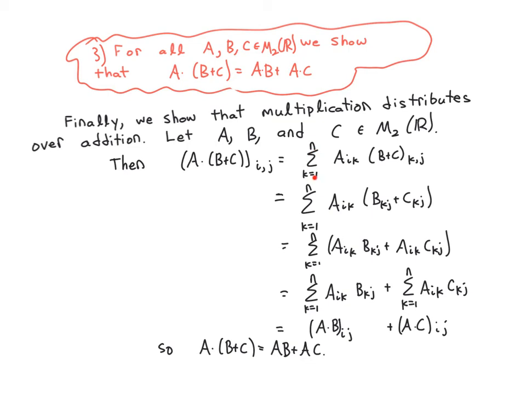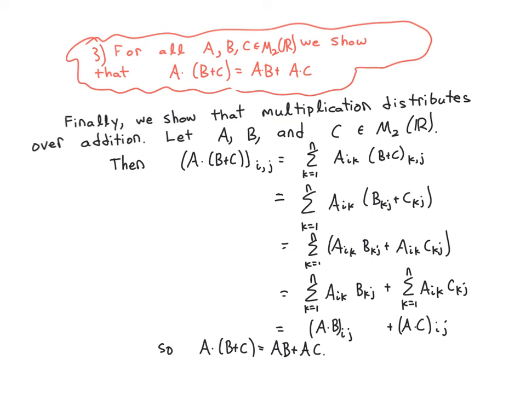So sum as k goes from 1 to n, a_ik times something_kj. So the kjth entry of B plus C. By definition of matrix addition, that's the sum of the kjth entries of B and C. Multiplication distributes over addition, so this expression can be replaced with a_ik b_kj plus a_ik c_kj.